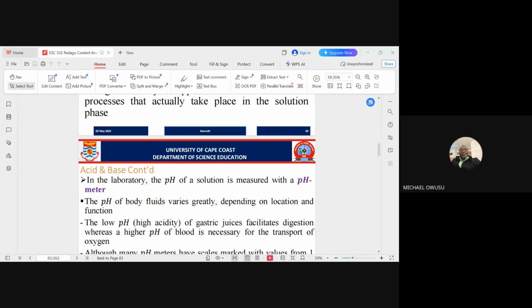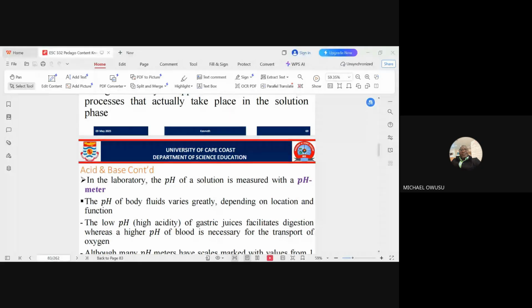That is it. Thank you. Let me also hear you. What did you get? 1.4 times 10 to the power negative 3 molar. Okay, it is 1.35 times 10 to the power negative 3 molar, or mole per dm cubed. Now take the next one because I want you to understand the concept very well.